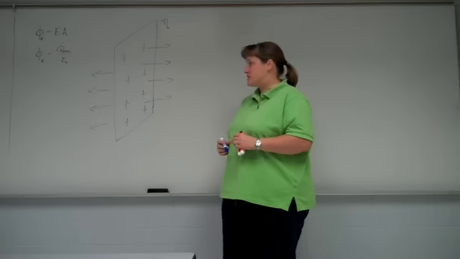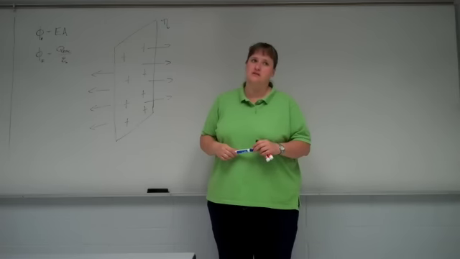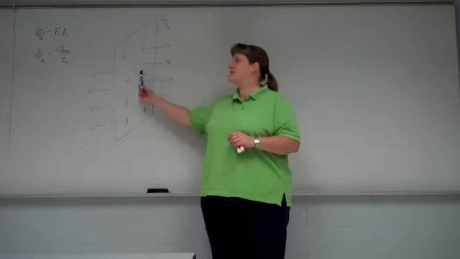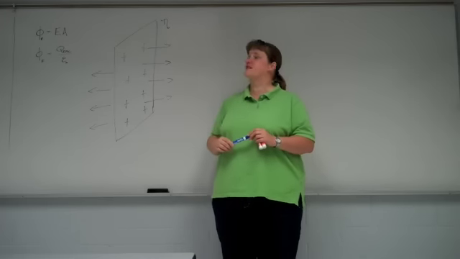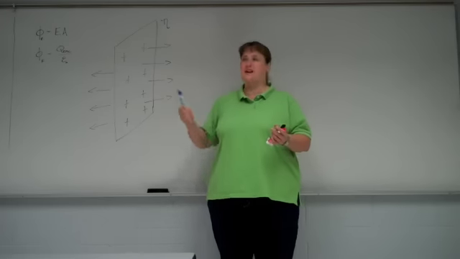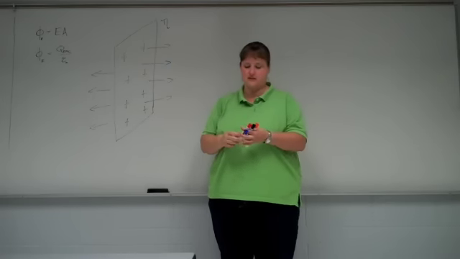So we need to draw a surface. A sphere is not going to work. Even though the electric field would have the same value, the electric field vector would not be parallel to the area vector. So we cannot draw a sphere and use this same setup to find the electric field.